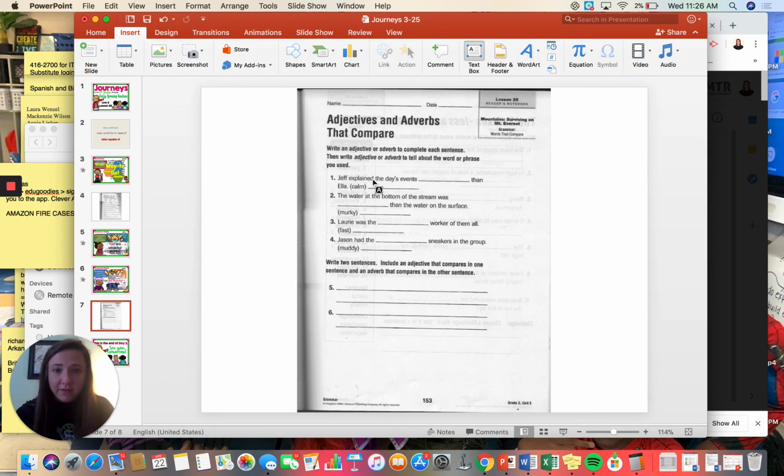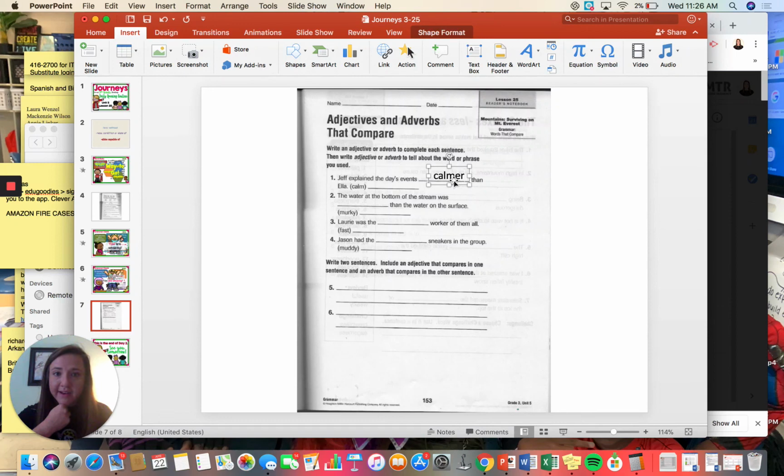So, Jeff explained the day's events blank, then Ella. They want us to use the word calm. Jeff explained the day's events blank, then Ella. I know that the word that goes in the blank is calmer. I want to add ER because it's comparing 2 nouns, or 2 people, and how they explain the day's events.